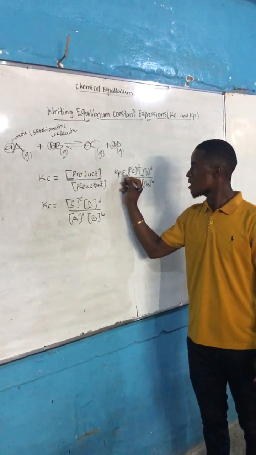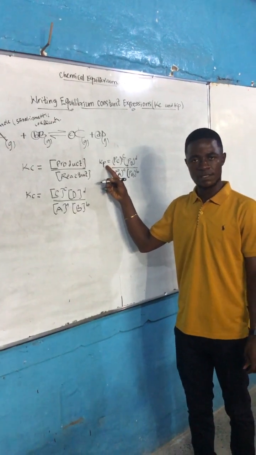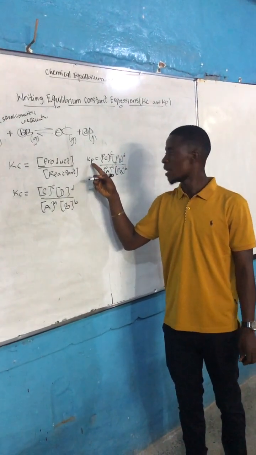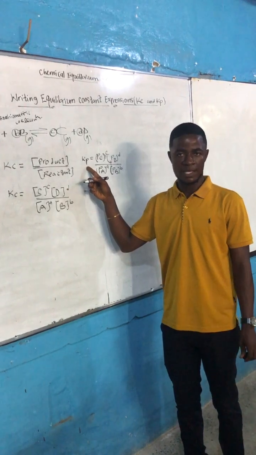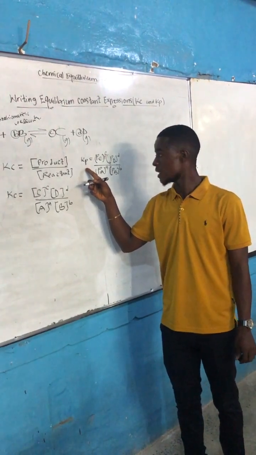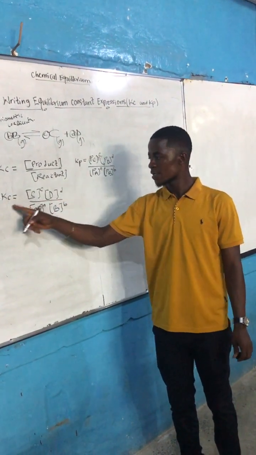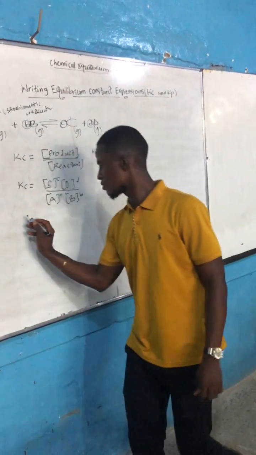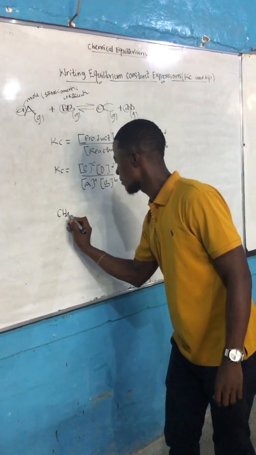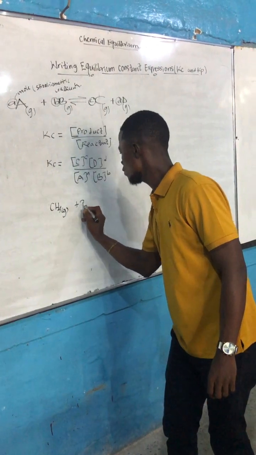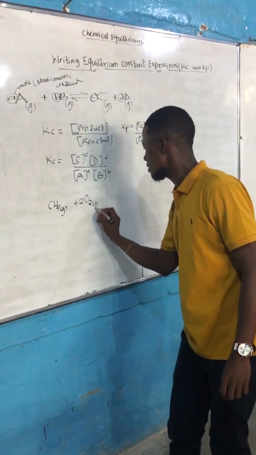Kp is in terms of the partial pressures of the gases. Partial pressures are the individual pressures exerted by gases according to John Dalton's law of partial pressures. So this is Kc. If we are to take a reaction like this, we have methane, CH4, and then we have 2O2, which is a gas.